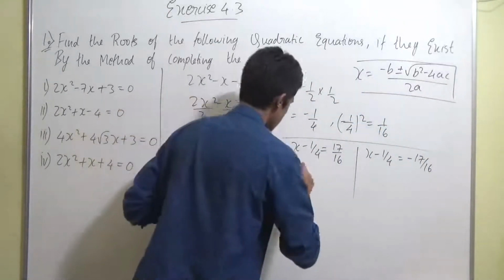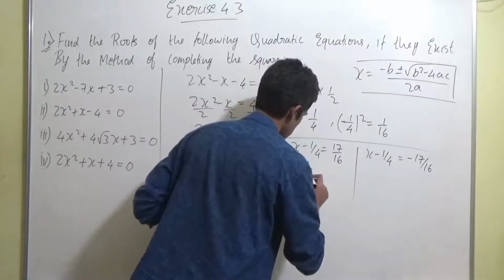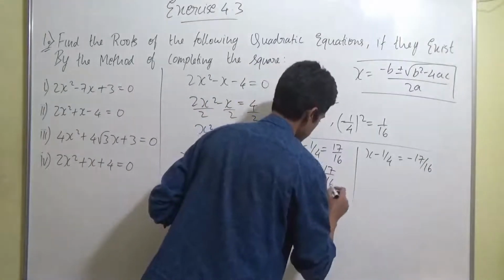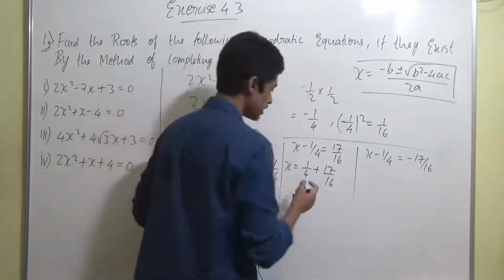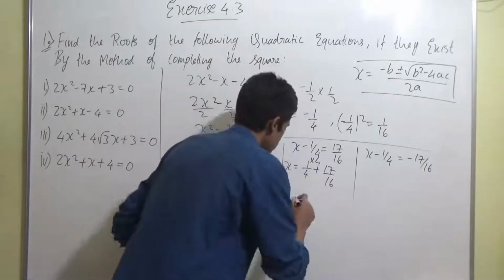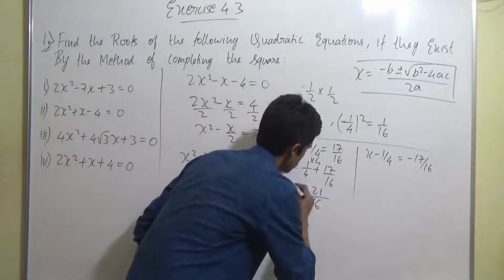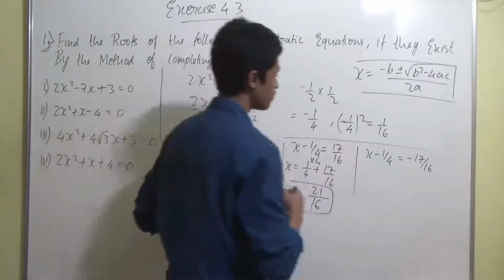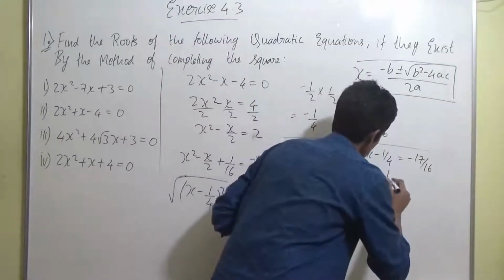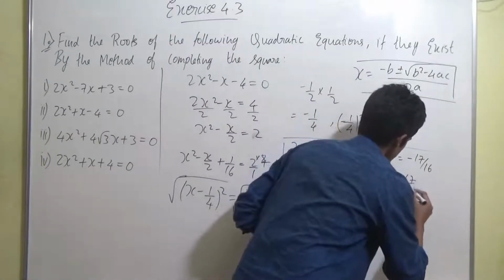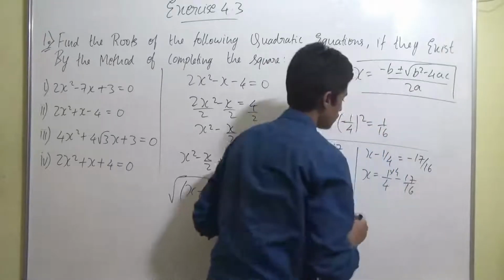Now let's start solving it. It will become x equal to 1 by 4 plus 17 by 16. Now the LCM is 16, so this is into 4. This will become x equal to 4 plus 17 is 21 by 16. This is one value of x. From here we'll get one more value of x, that is x equal to 1 by 4 minus 17 by 16. Again you multiply into 4 after taking LCM.